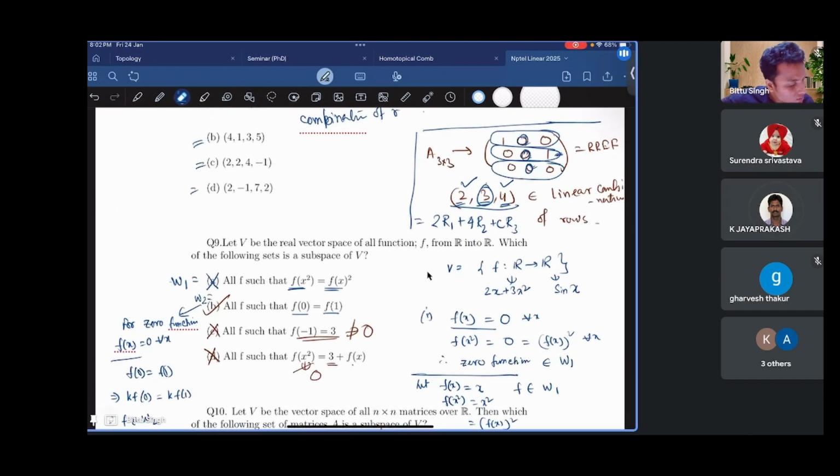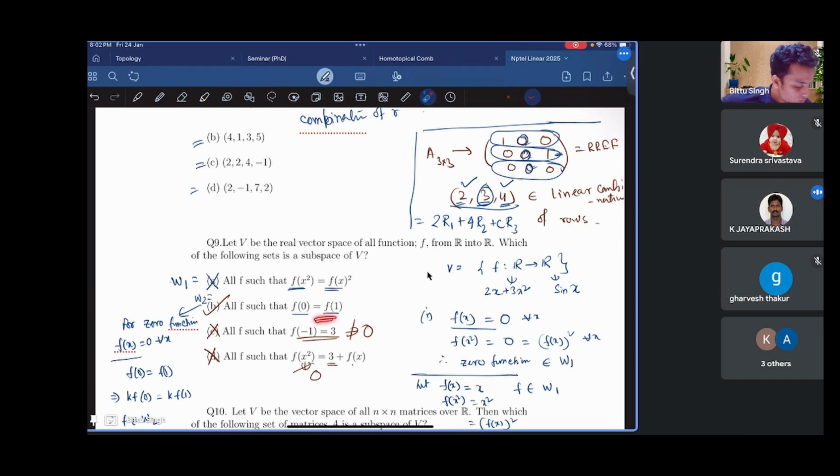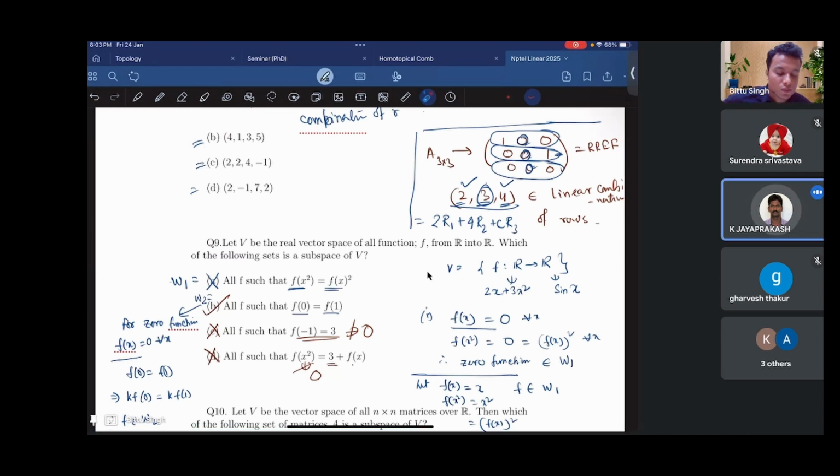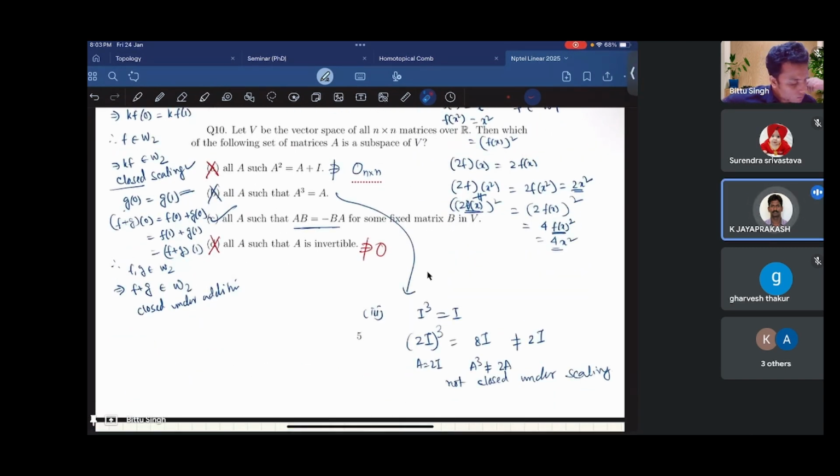For which option are you asking? The 10th question, sir. The last one, all A such that A is invertible, like this? Yes. After that you put some symbol, right? Yes. Like this.